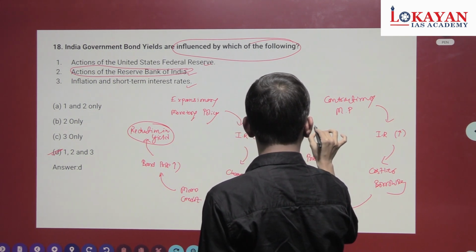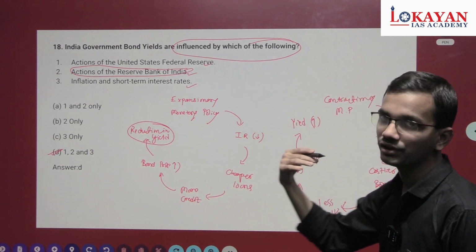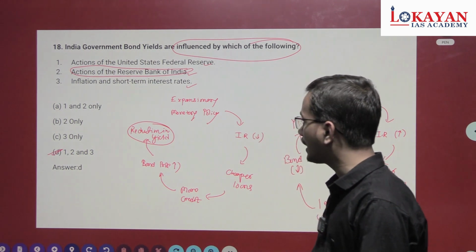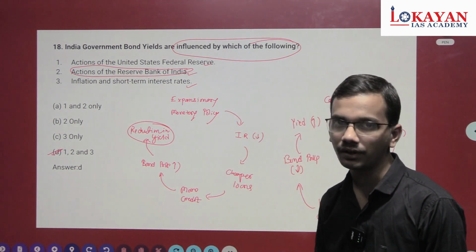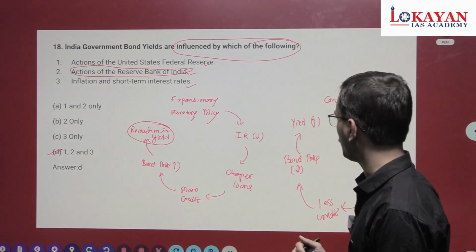And yield increases. This is the relation between expansionary monetary policy and bond yield, and contractionary monetary policy and bond yield. Having clear-cut conceptual clarity regarding these concepts is very important for solving questions relating to the Indian economy.